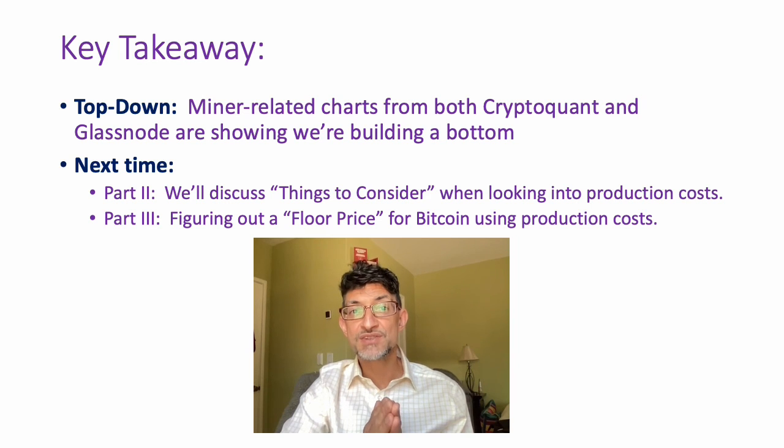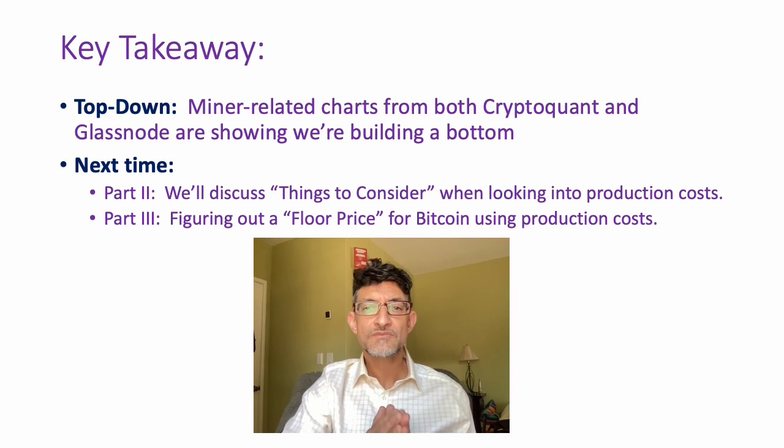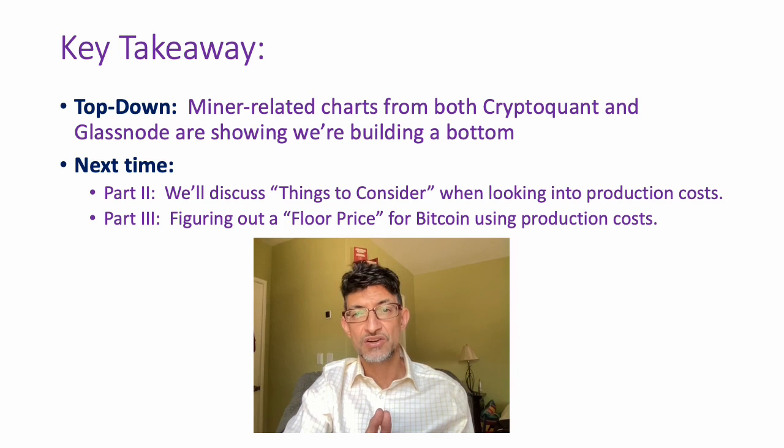They came close, but we never reached that point where miners had to sell all their crypto, all their ether, all their Bitcoin, and use cash on their balance sheets to survive. We did not see that. So next time we're going to focus on part two, which is things to consider when looking at production cost.